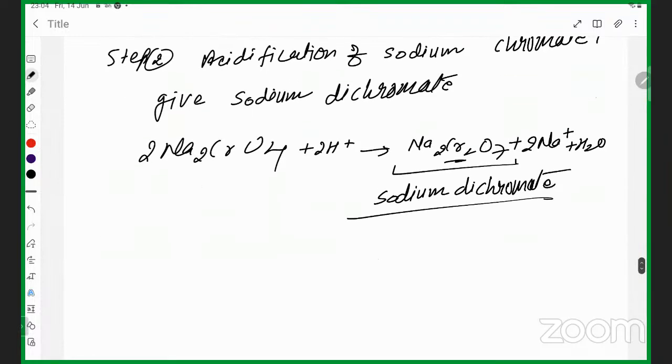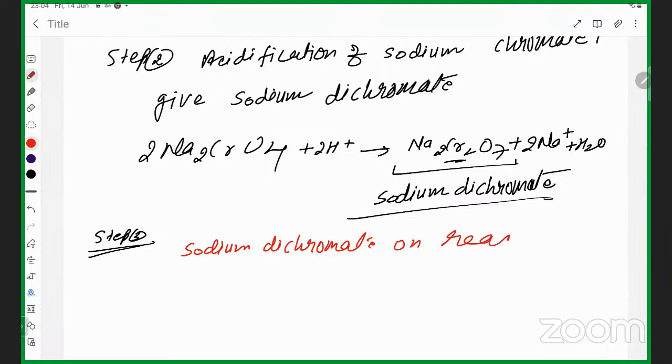Step 3. Sodium dichromate on reaction with KCl gives potassium dichromate.